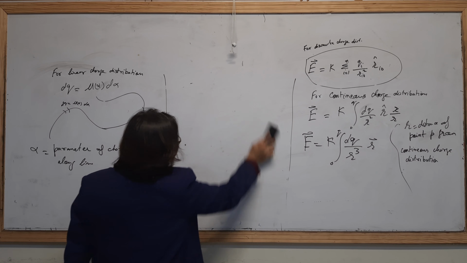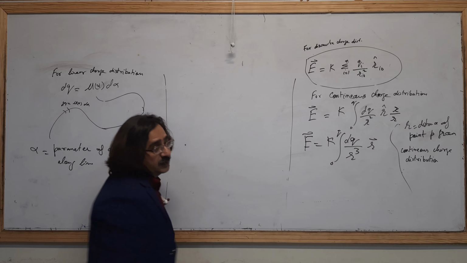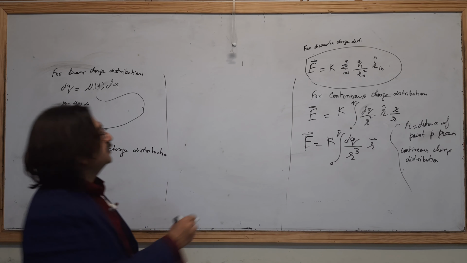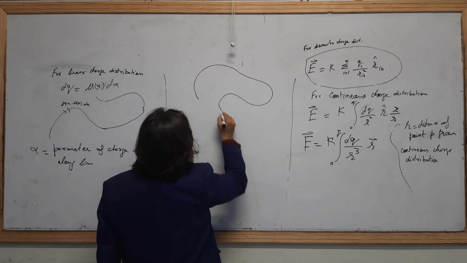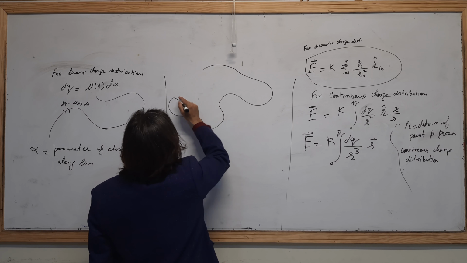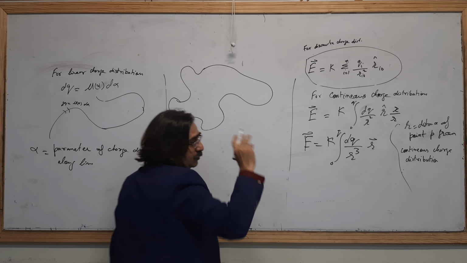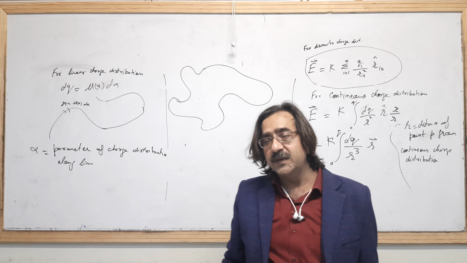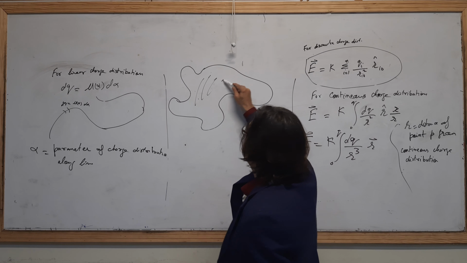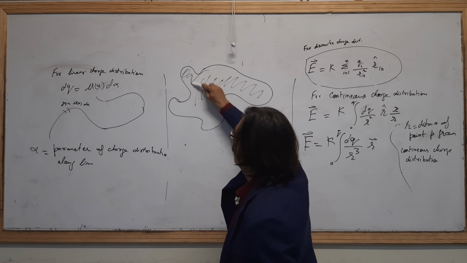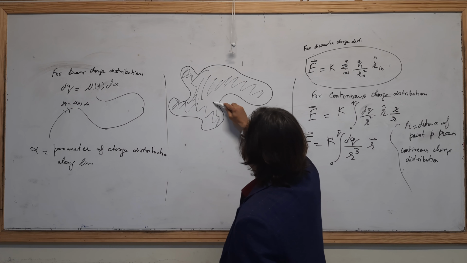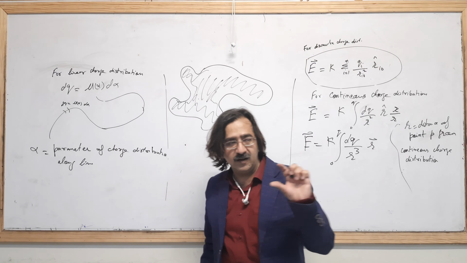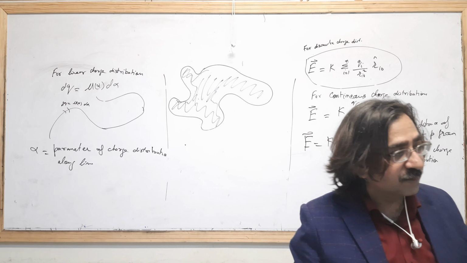For surface charge distribution, surface means plane. If this is a thin plate with no thickness, it is only a plate surface.